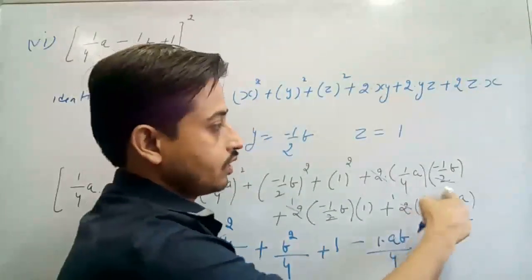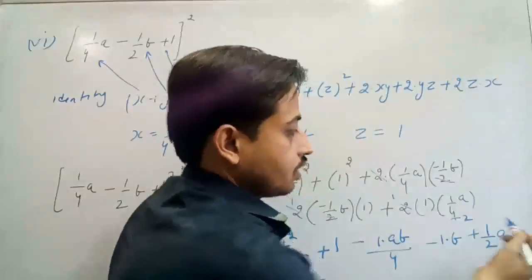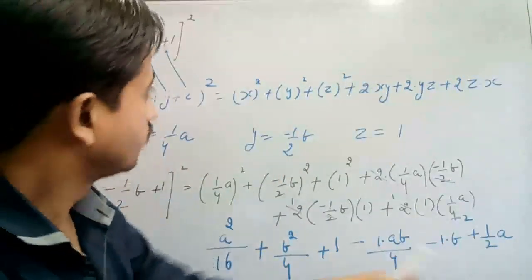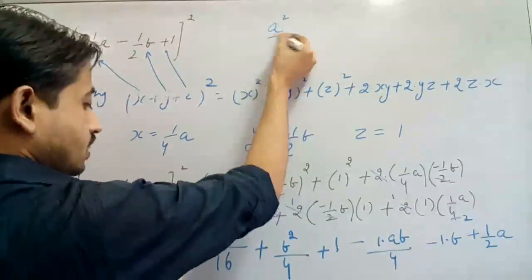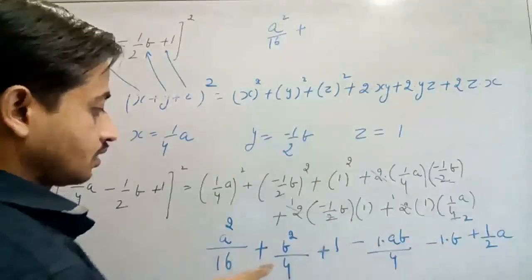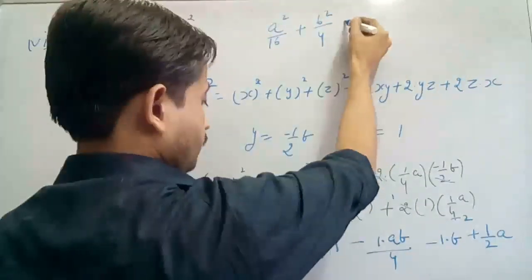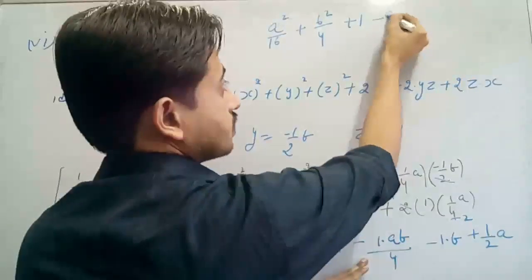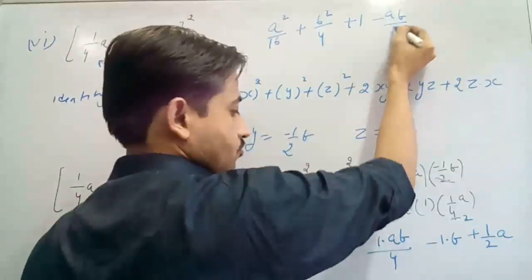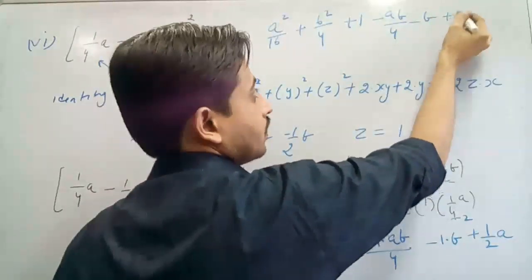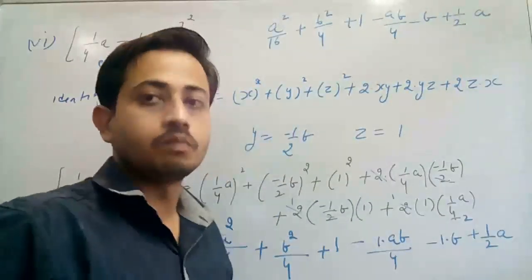Now what we have? 1 into 1, 1 divided by 2a. Now you can remove 1. So our final answer is what? A square by 16 plus b square by 4 plus 1 minus ab by 4 minus b plus 1 by 2a. Please make a note.